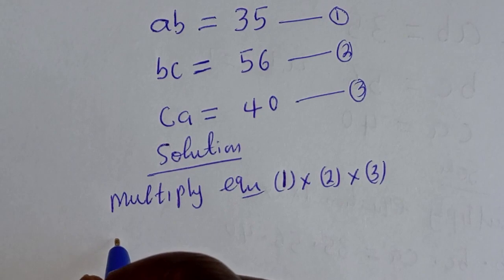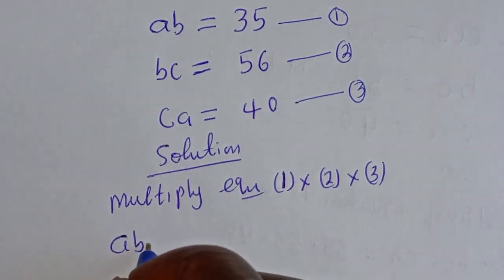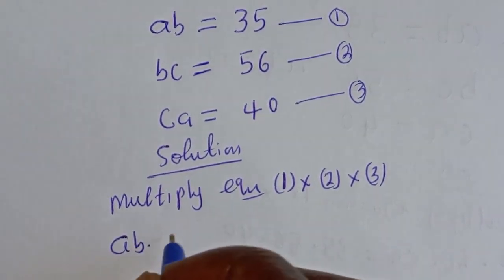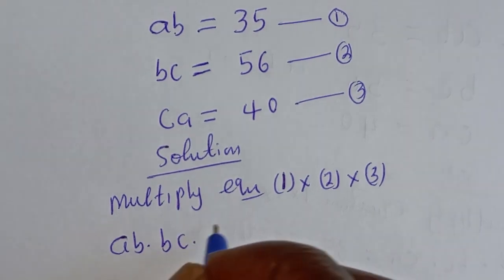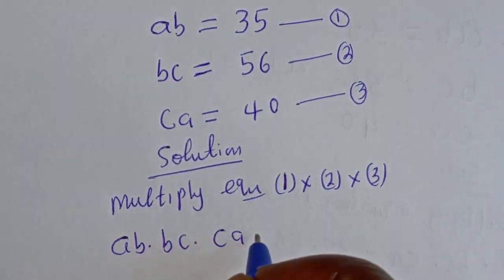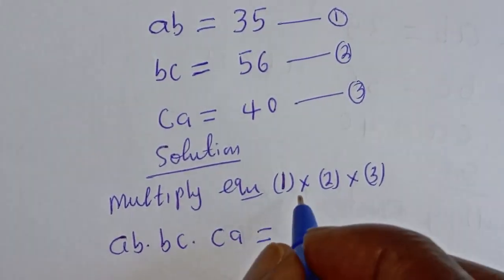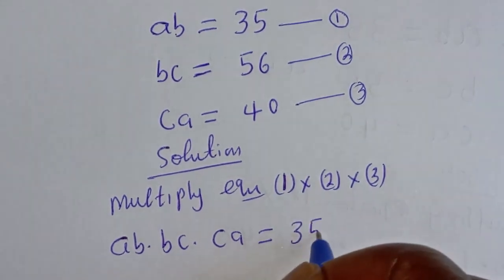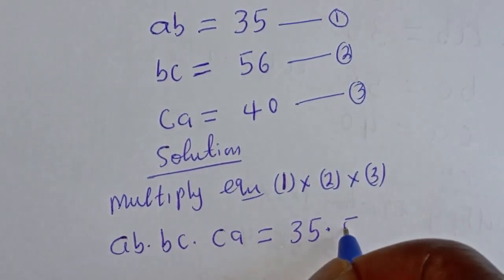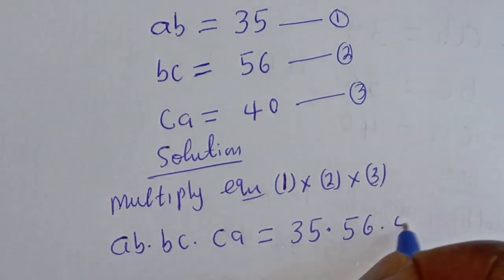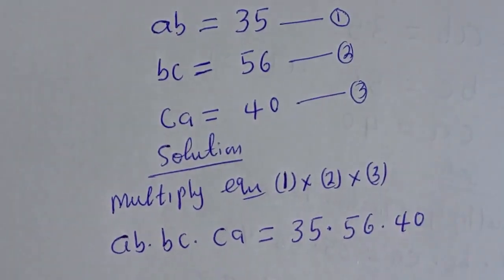Then this is AB multiplied by BC multiplied by CA is equal to 35 multiplied by 56 multiplied by 40.